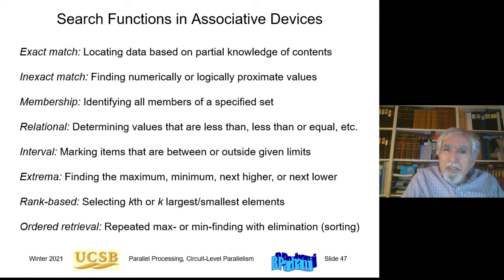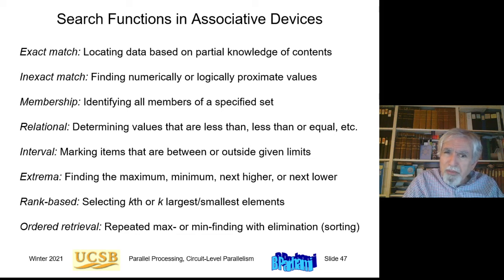Now, associative devices is a term I use to refer to both associative memories and associative processors. These associative devices can do exact match, which is what I described in relation to associative memories. They can do inexact match, which is a little bit more complicated: find numerically or logically proximate values. Membership search: identifying all members of a specified set.